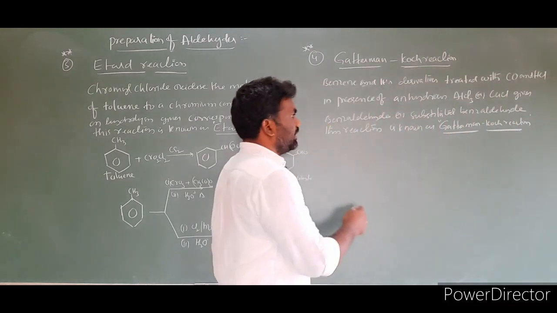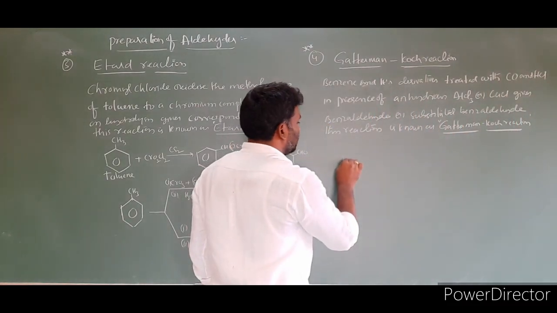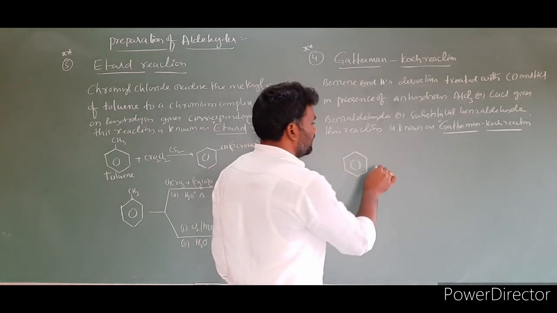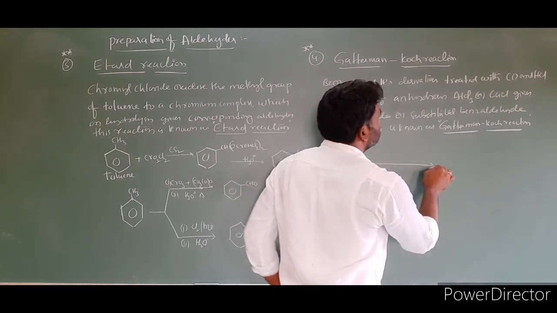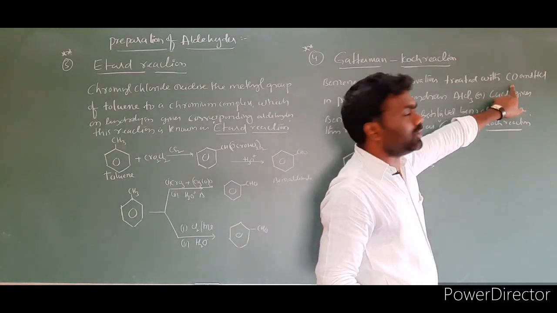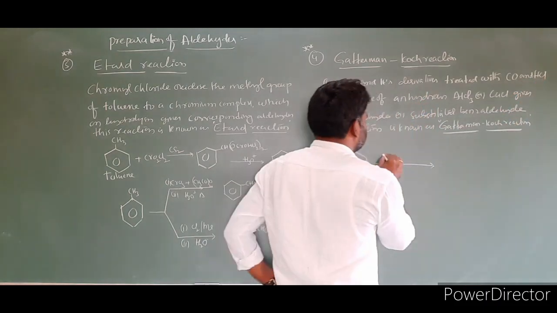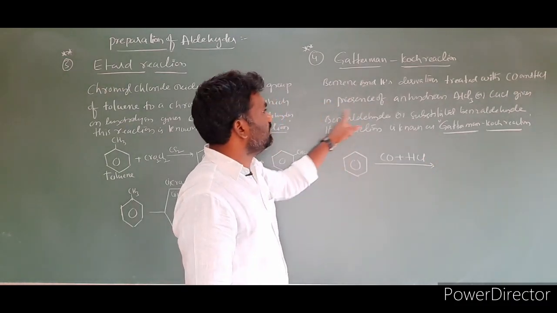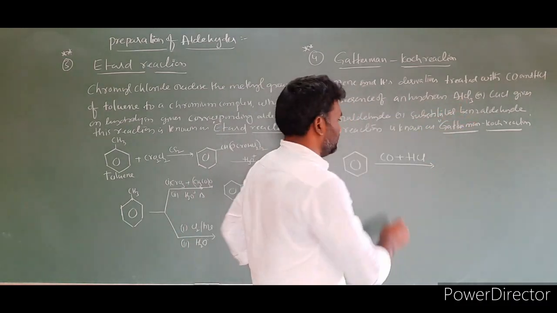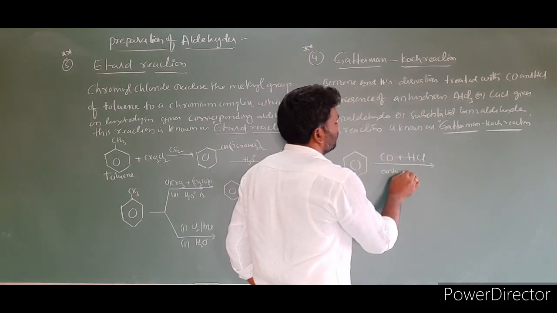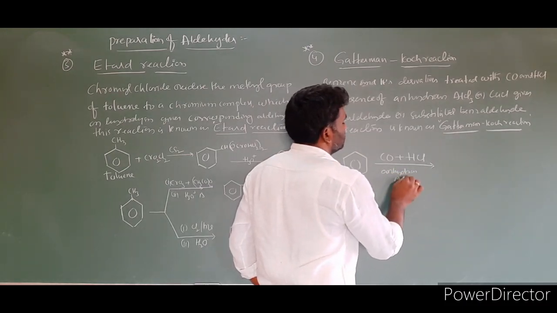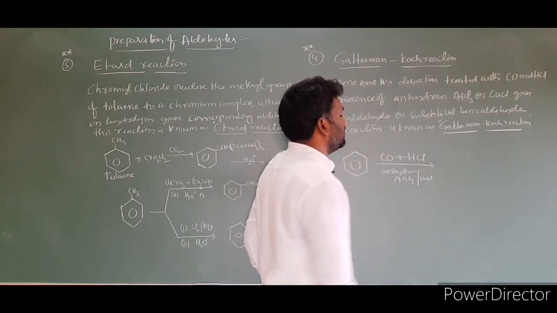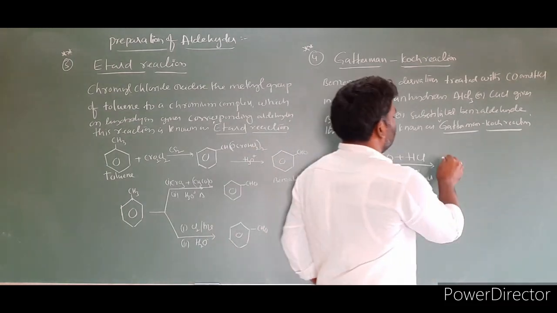Now let us write the equation for the Gattermann-Koch reaction. This is benzene. Benzene is treated with carbon monoxide and hydrochloric acid, CO plus HCl, in presence of anhydrous AlCl3 or CuCl, and it gives benzaldehyde.